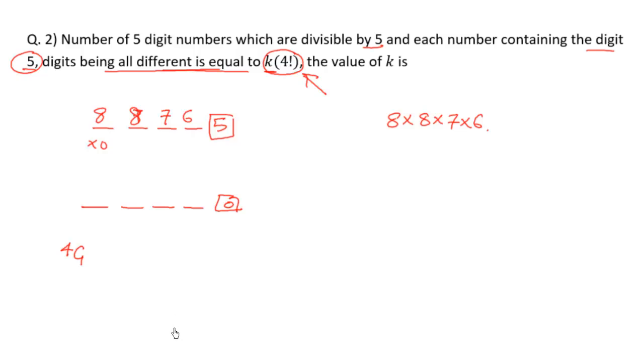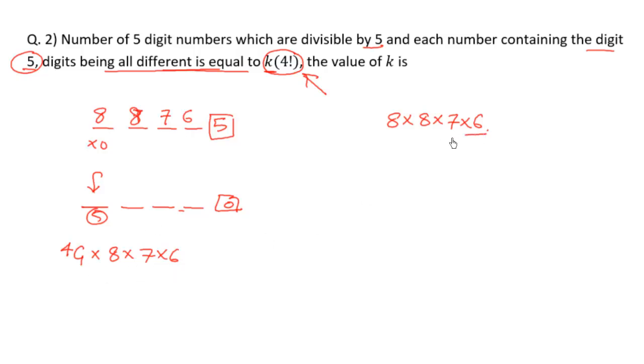For the rest of the 3 places we apply the same logic for the options. For example, let us assume that this is the place where we have fixed the digit 5. Then these 3 places can be filled in 8 into 7 into 6 ways. And we have to multiply it with this so that all possible places for digit 5 are considered.